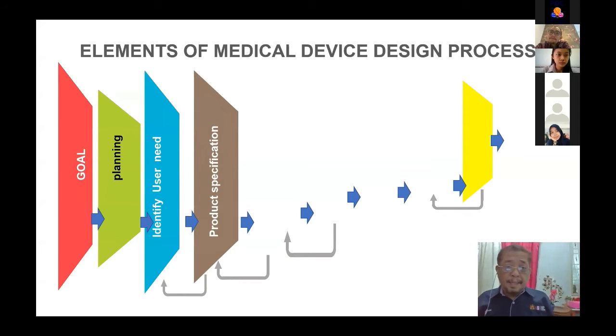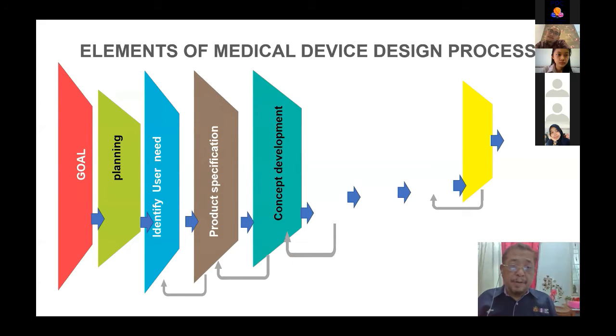Fourth, product specification. Now, as an engineer, you should look at what the product should have to meet the requirements of the user. Okay. So once you know the specification, you develop the concept, how it should be, right?